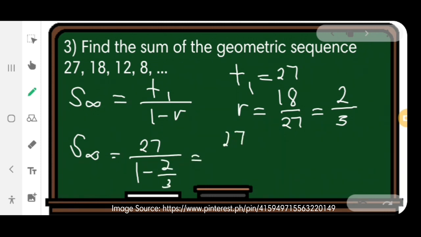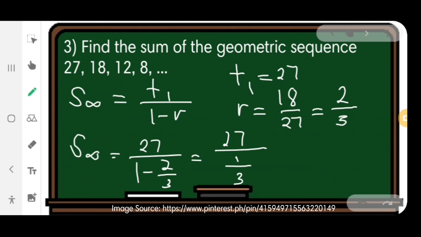So 1 minus 2/3 is 1/3. Now the technique here, when subtracting a fraction from 1, is to just subtract the numerator from the denominator and then copy the denominator. So that would be 3 minus 2, which is 1, and then copy the denominator, which is 3.